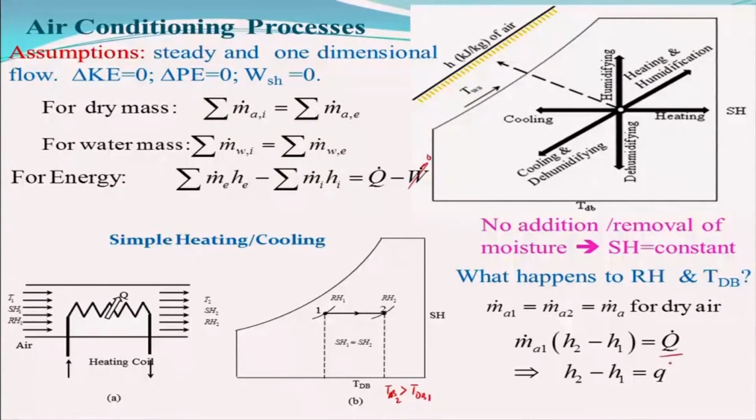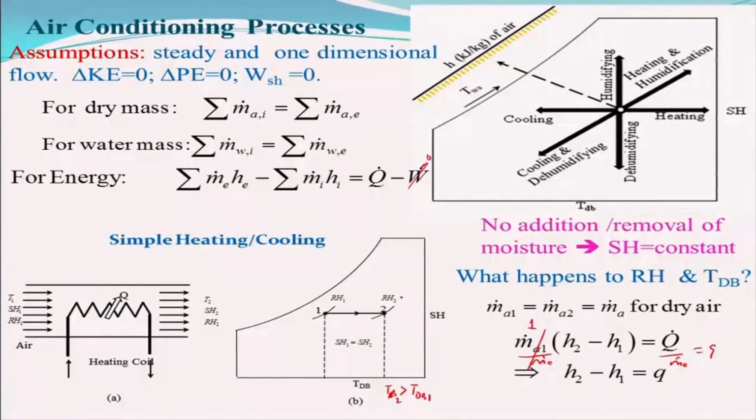If you divide by m dot A, that is nothing but your q. So H2 minus H1 is equal to q, right? As a result, the TdB at station 2 will increase, and relative humidity is decreased.